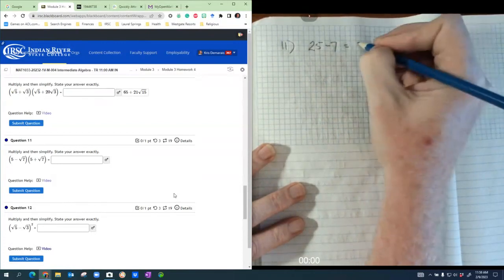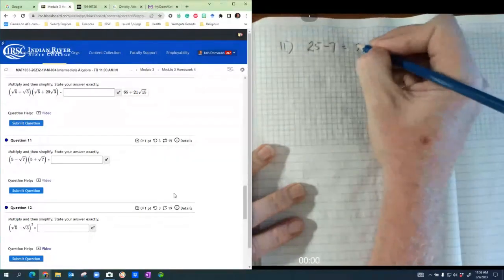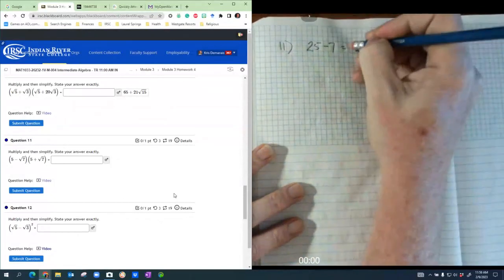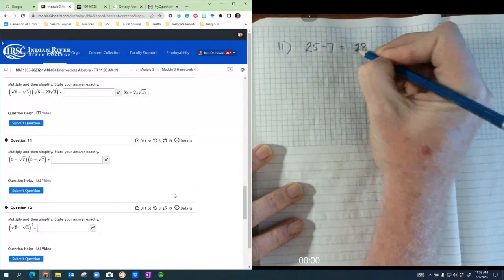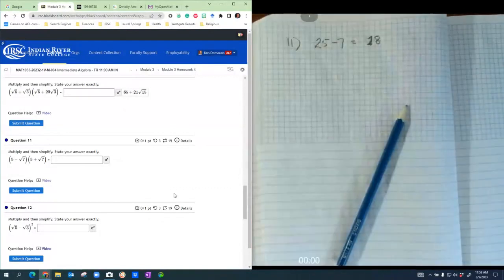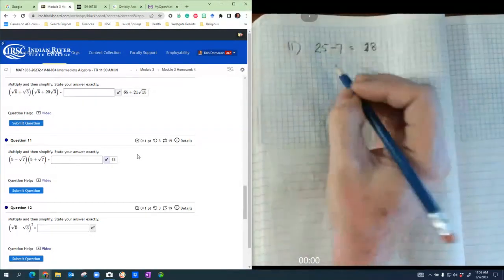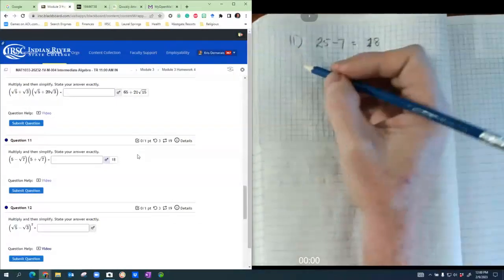So my answer is, I don't know, that's going to be 20, or excuse me, 17, or 18, excuse me. See, when you know your difference of two squares, you don't have to multiply it all out. That's the significance of that.